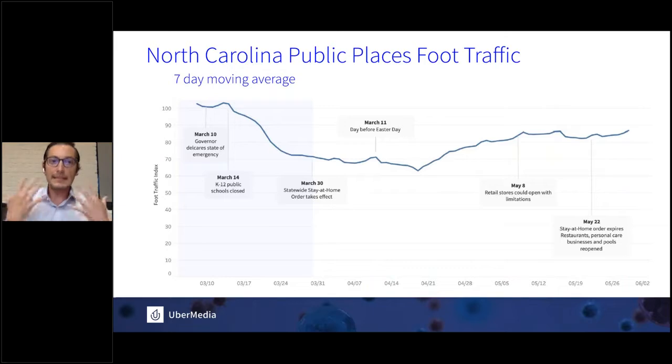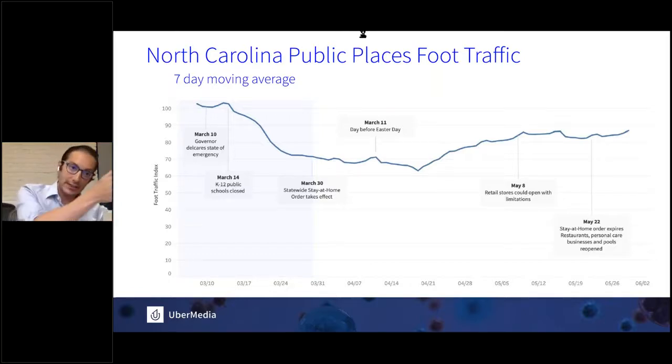So let me explain what you're looking at first before we try to dive into the data. So here you're looking essentially at a 7-day moving average of foot traffic trends. So it's baselined to pre-COVID activity.